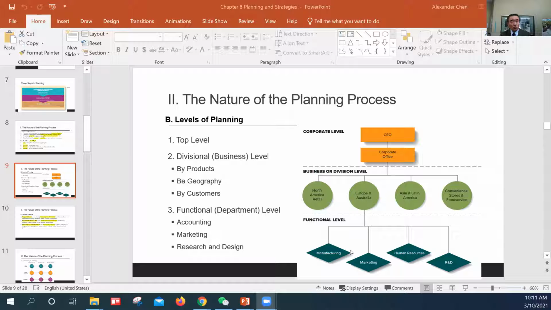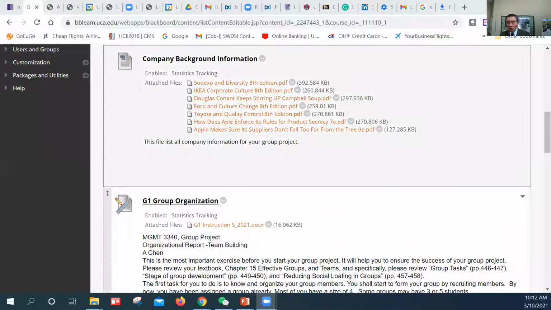We want to do something nice to beat everyone. A typical situation is that we use value chain as an approach, okay? That's why we have value chain, because we are discussing functional strategy.